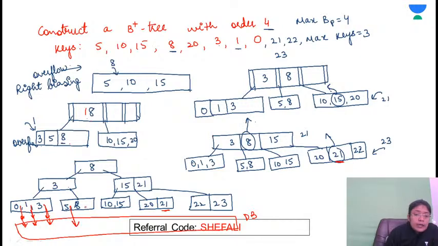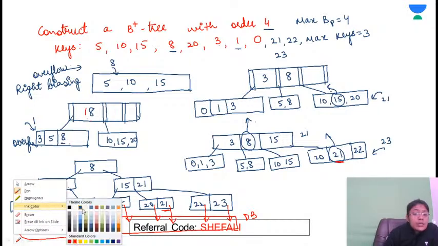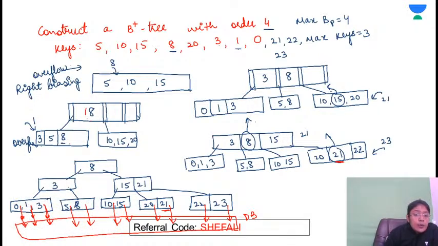So corresponding to every key, there is a record pointer in the leaf level. But here it's not pointing to the database. And in order to have sequential access, there will be one block pointer which will be pointing to the next node, and this last one is null.